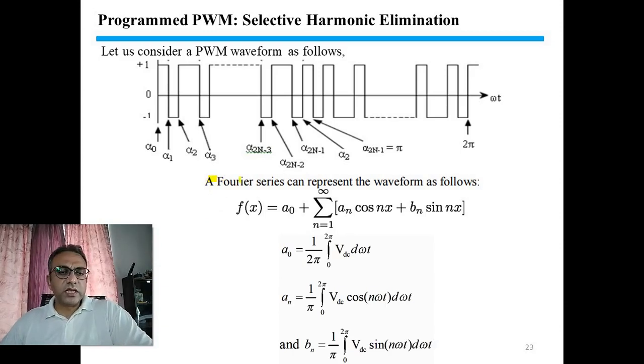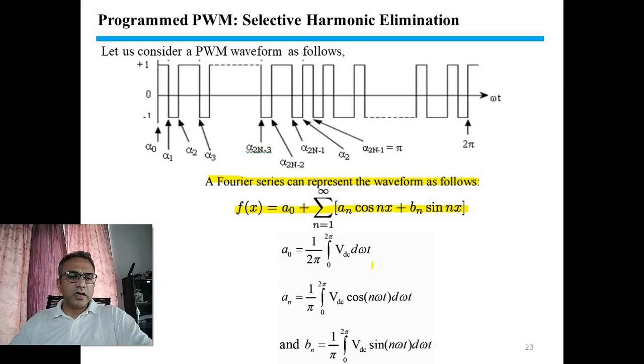So a Fourier series can represent the waveform as follows. This is the general equation for a Fourier series. That is, function f of x is equal to a naught plus summation of a n cos n x plus b n sin n x, where a naught, a n, and b n are coefficients, such that a naught is equal to 1 over 2 pi integral 0 to 2 pi Vdc d omega t.